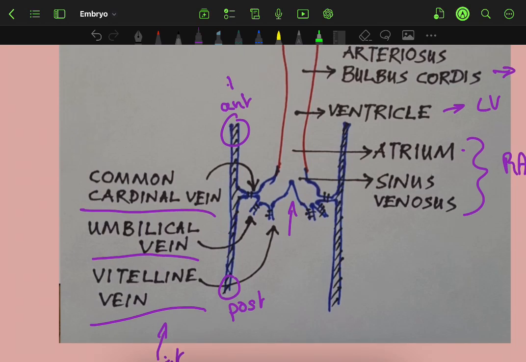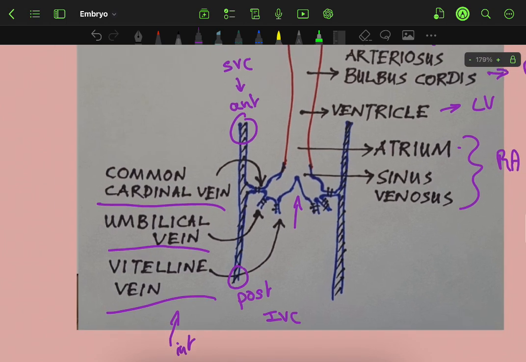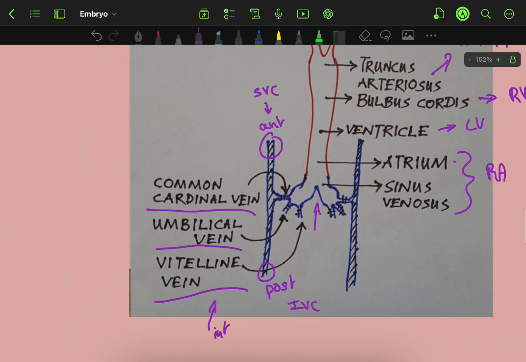From the anterior part, we will be getting the superior vena cava, and from the posterior part, we will be getting the inferior vena cava. And you have to know that we have only one superior vena cava and one inferior vena cava. So we can't have two superior vena cava. That's why this left common cardinal vein will disappear.